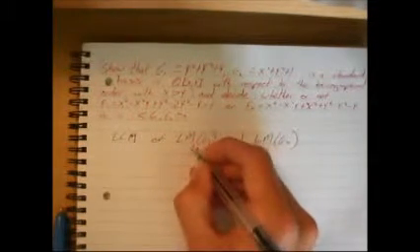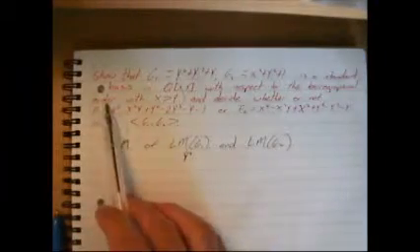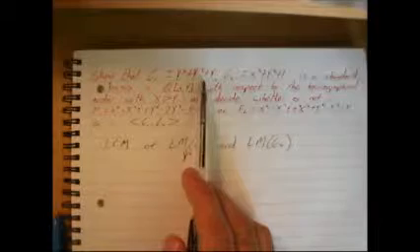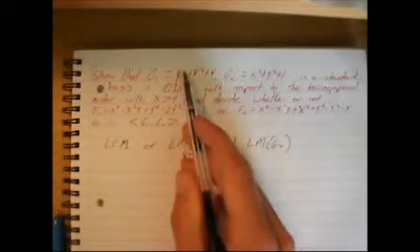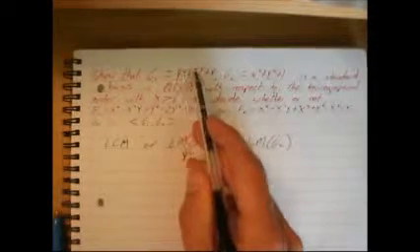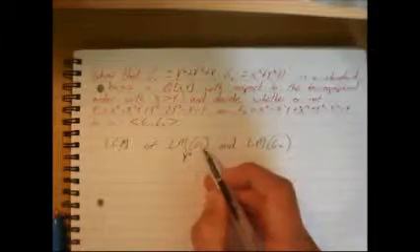The leading monomial of g1 is y^4, because it's lexicographical order with x greater than y. As you can see, g1 is already in lexicographical order, meaning that you look at all the x's first, and there's clearly no x's there, so then you move on to the y's, and y to the power of 4 is greater than 2 is greater than 1. So y^4 is the leading monomial of g1.